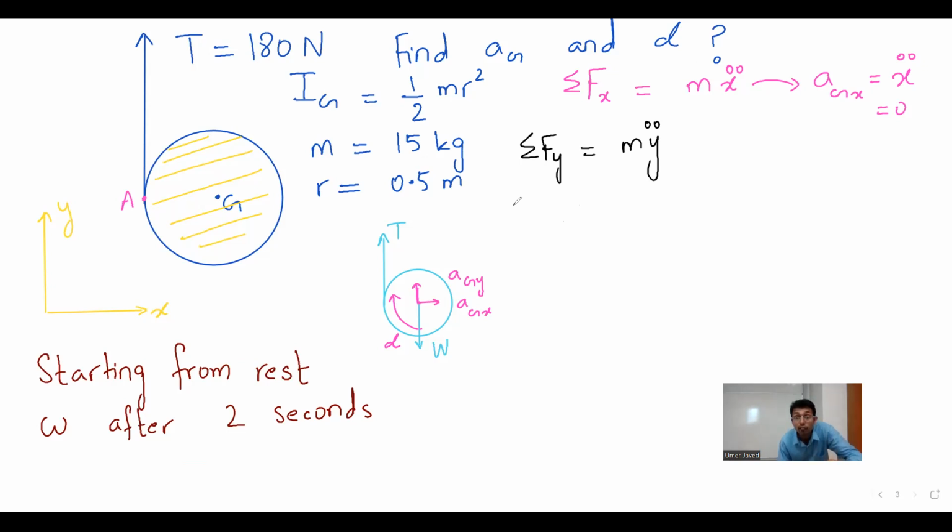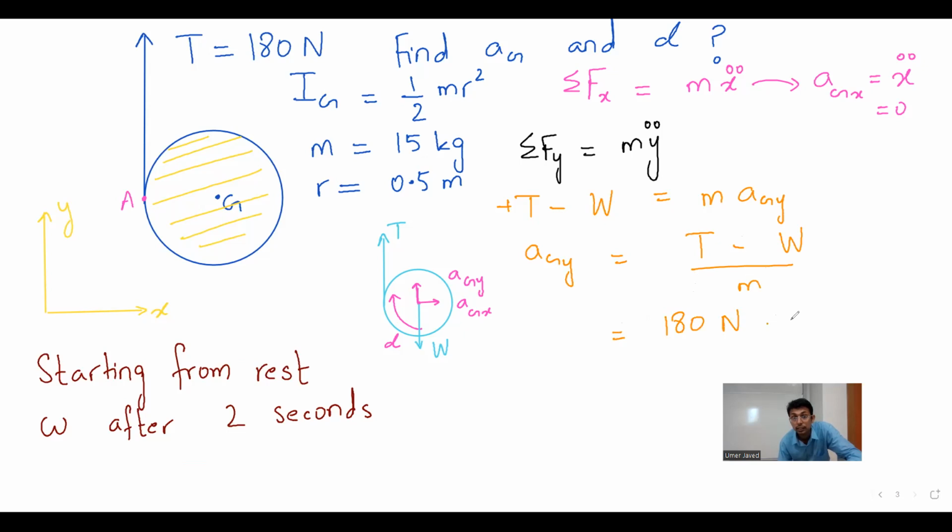So now I will have plus T minus W equal to M AGY. So AGY comes out to be T minus W over M. And how did you figure? The T is 180.